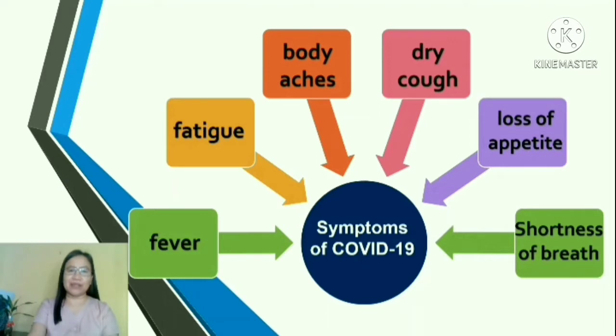Correct. Symptoms of COVID-19. So the words or phrases around the general idea give details to that main idea, which is symptoms of COVID-19. And if you experience even just one of them, tell your parents right away so they will be able to do something about it.